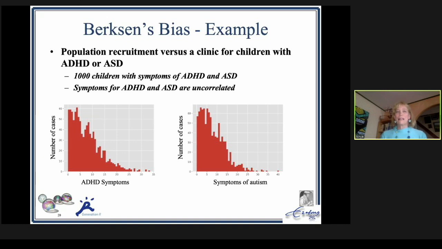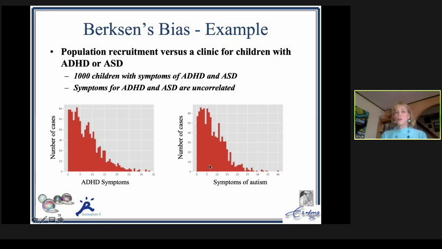The symptoms for each individual had a measure of ADHD and a measure of ASD, and I made those so they were not correlated, through a random number generator. I also transformed it so the symptoms looked more like what you see in specific checklists or lists of symptoms, where you have no symptoms at 0 up to a certain number of ADHD symptoms.